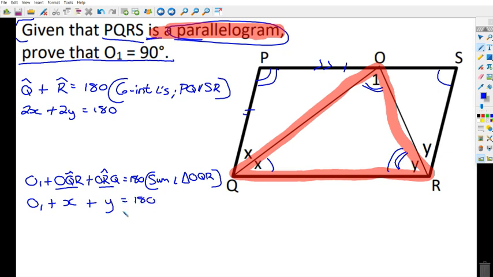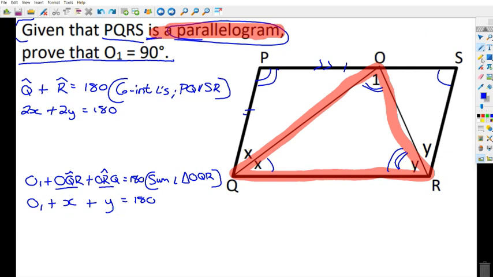So all I'm doing, guys, is I'm just putting down what I see. I'm just putting down what I know. I'm not really getting anywhere, but let's see what happens. I see that I've got x and y here. x plus y. Hopefully this is going to start ringing bells pretty soon.